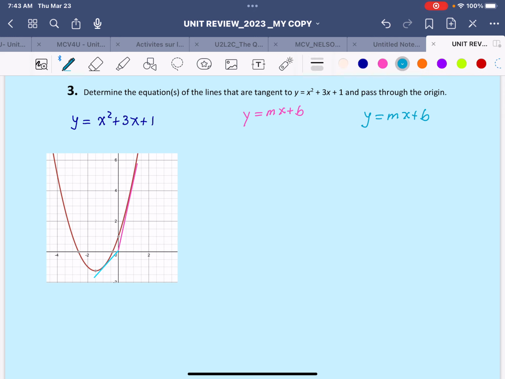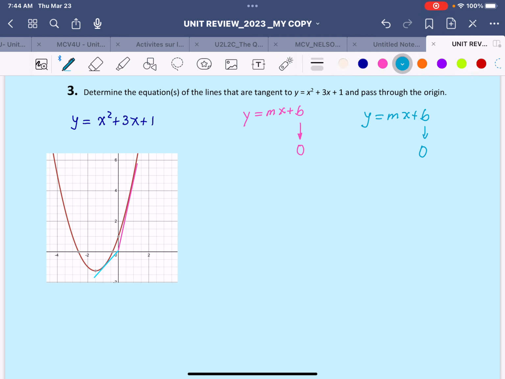So we're practically looking for equations of two different tangent lines, but what they have in common is their y-intercept. So the y-intercept will be equal to 0. And obviously, these two tangent lines will have different slopes. And our task now would be to find the slope of each tangent line.